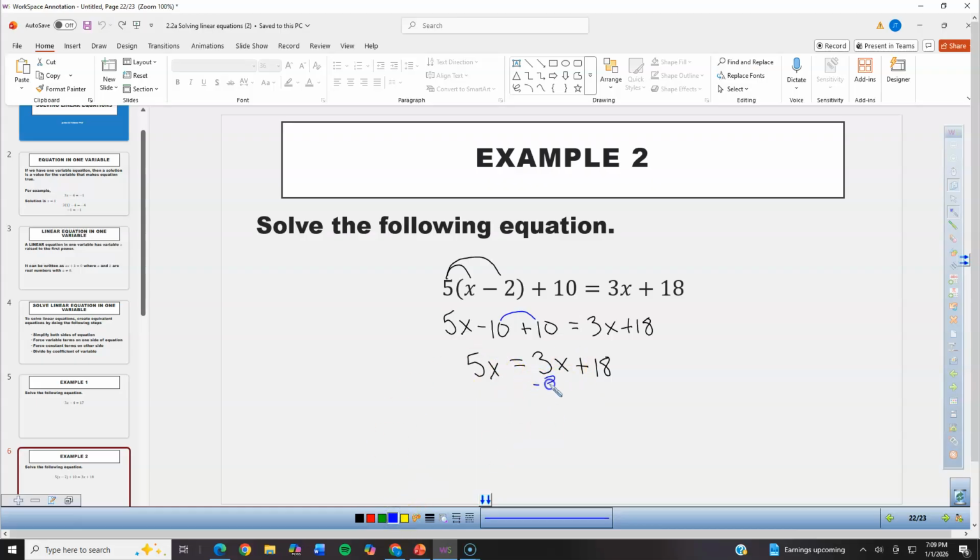So I'm going to subtract the 3x over. Make this upside down T chart. I get 2x equals 18. Those cancel, as they should. Divide both sides by 2. x equals 9. Ta-da!